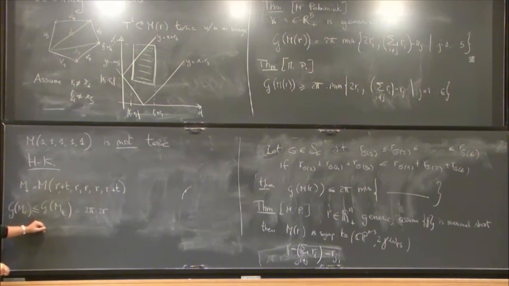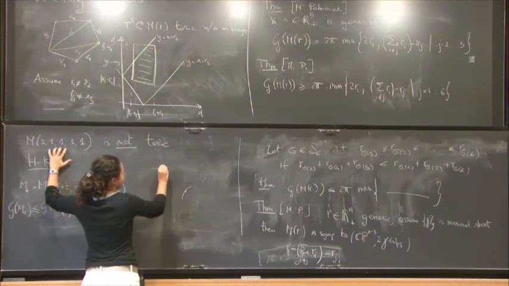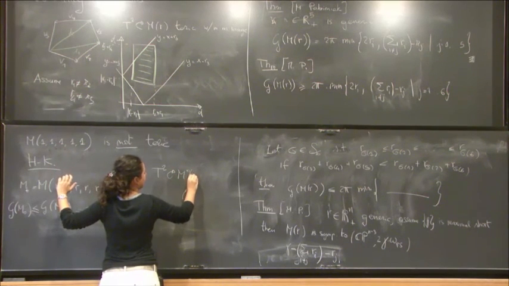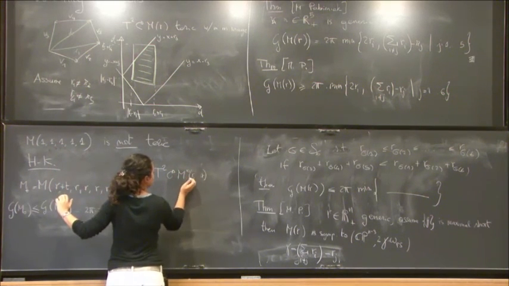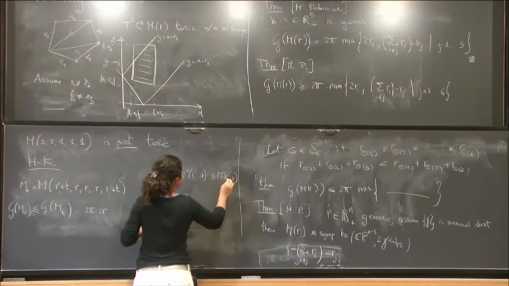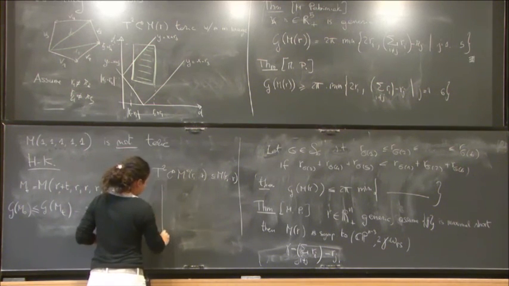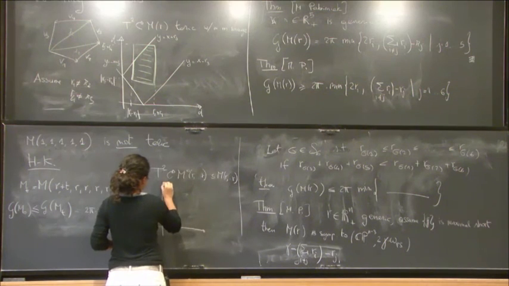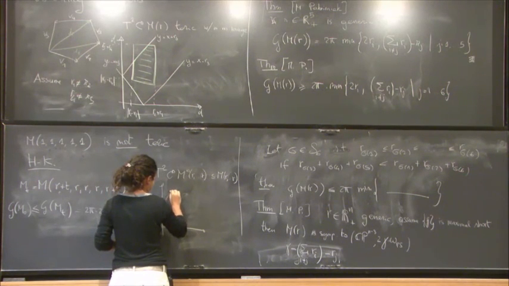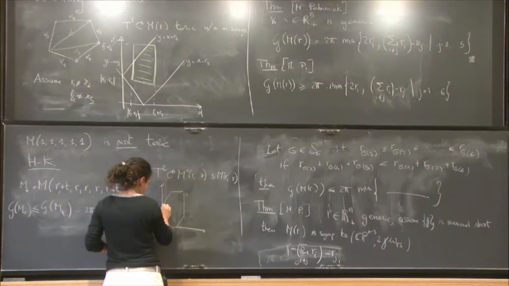And for the lower bound, we see that this is not toric, but we can consider the action of the torus on the open dense subset, where we have thrown away essentially the points where the diagonal vanishes. And then you get something like this.